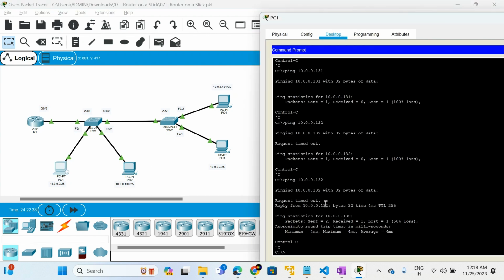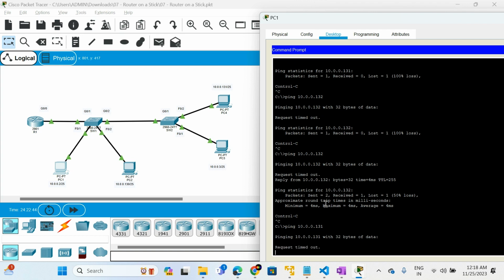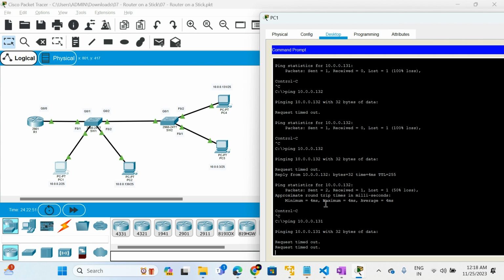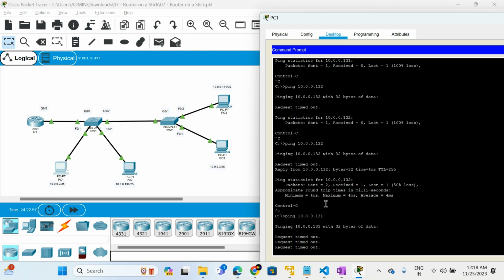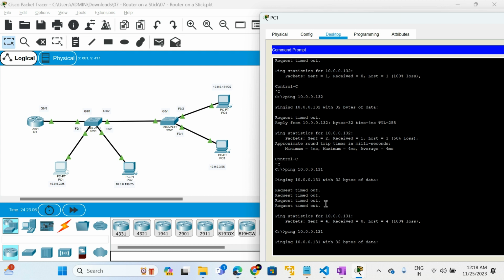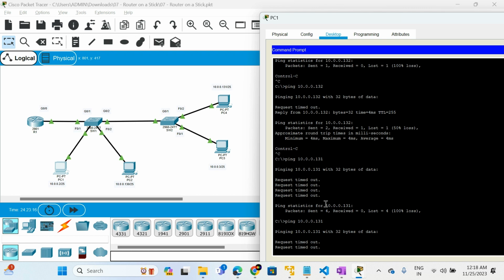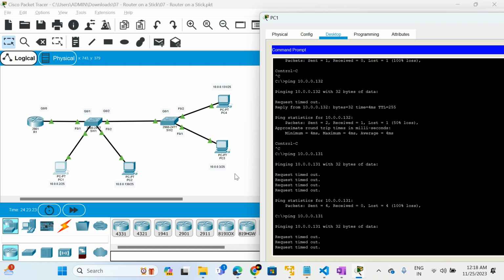If I ping from here to here, it's not pinging.